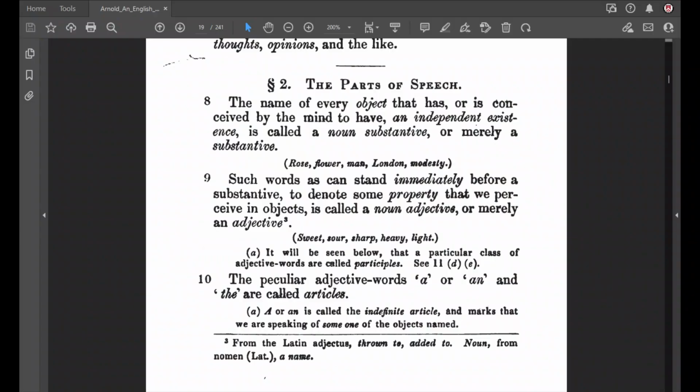In paragraph number 10, we read about peculiar adjective words that are called articles. And in English, we're going to count these as a separate part of speech. So we're going to add a fourth part of speech, articles.